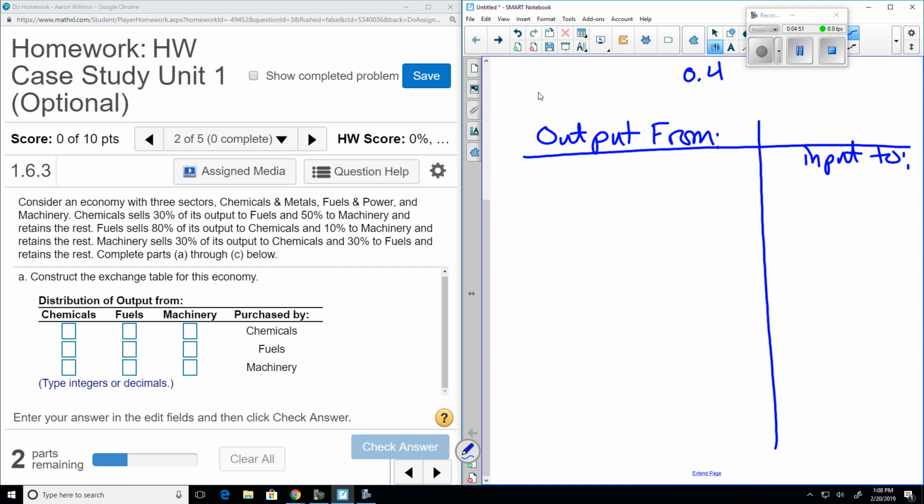So we have chemicals, fuels, machinery. Let's just call this C so we can use a variable C. Input to chemicals, fuels, machinery.